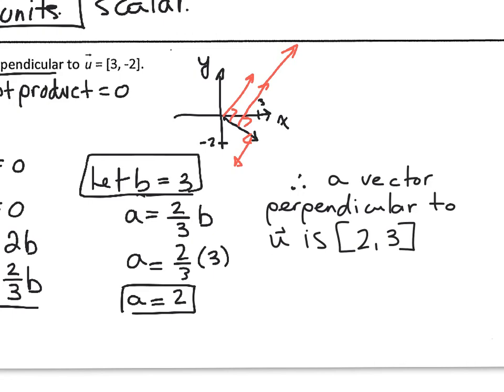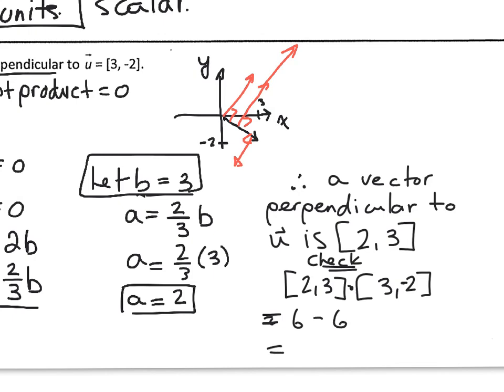Obviously, you can check that if I did (2, 3), so just say check (2, 3) dotted with (3, -2), which was our original vector. That gives us 6, 2 times 3 is 6, and then -6, which also gives us 0, and therefore we have perpendicular vectors.